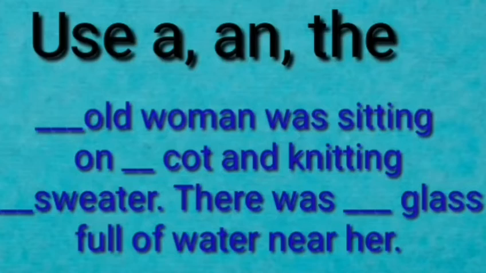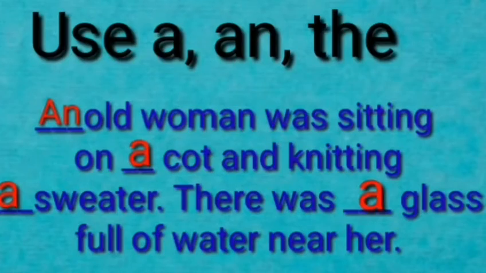So we have to use a. There was dash glass full of water near her. Glass G sounds consonant. So we have to use a. So an old woman was sitting on a cot and knitting a sweater. There was a glass full of water near her.